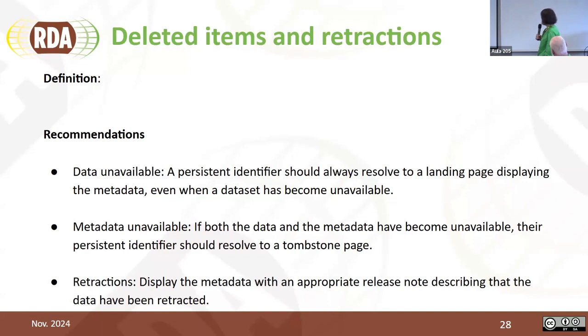So here are the recommendations. When you have an item or collection, you always have a landing page display. Even if the data set was removed, the landing page should still be there and make clear that the data is deleted or retracted.